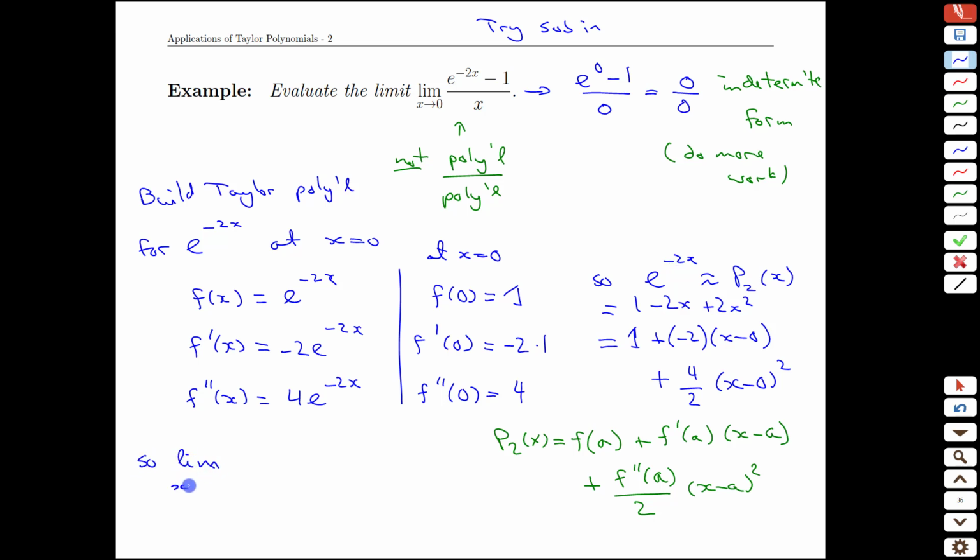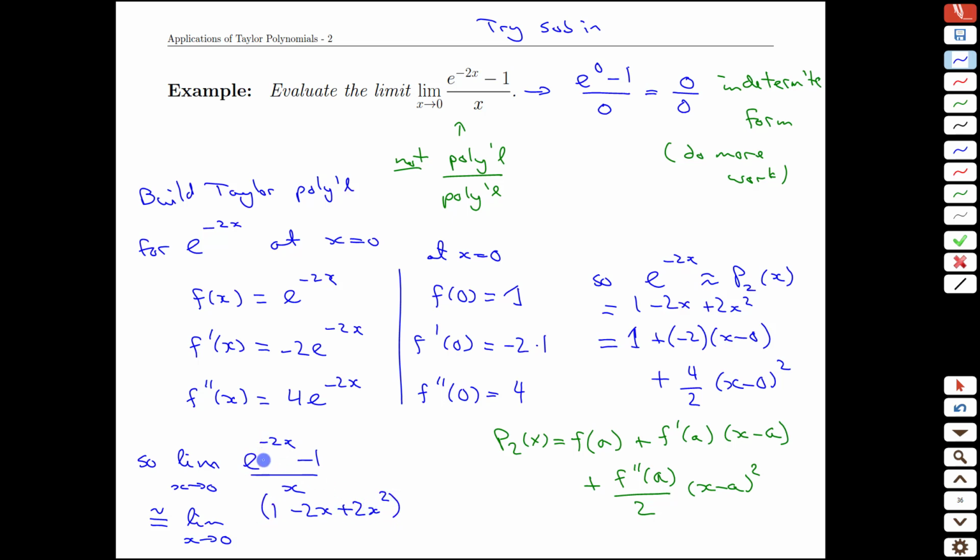So we have the limit as x approaches 0 of (e to the negative 2x minus 1) all over x. We can replace that with, I'll write approximately here just because we are using an approximation in our statement, but I'll talk about that in a moment. We can replace the e to the negative 2x with 1 minus 2x plus 2x squared.